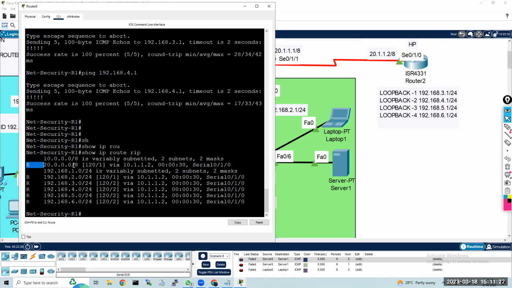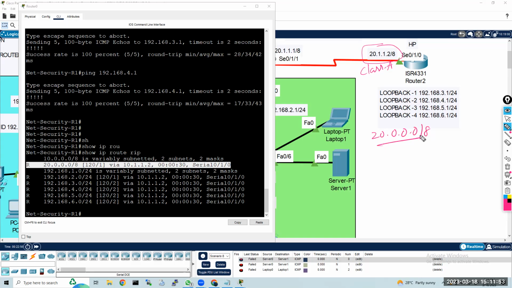We used 20.1.1, but here we see the classful network, that's why we see 20.0.0.0. RIP only shows the classful network. This is class A, so it shows 20.0.0.0/8, only the class A network address.